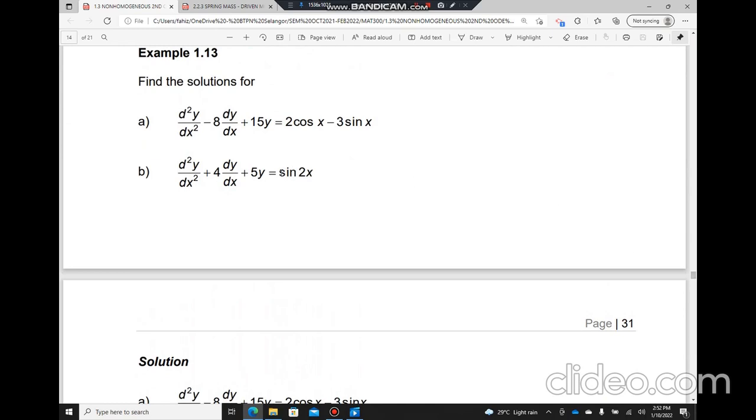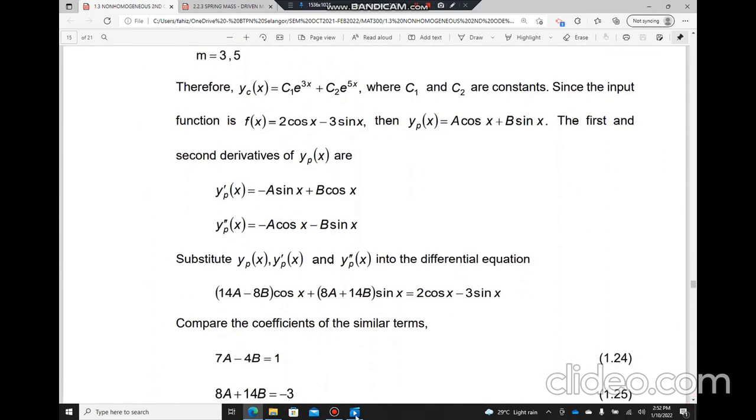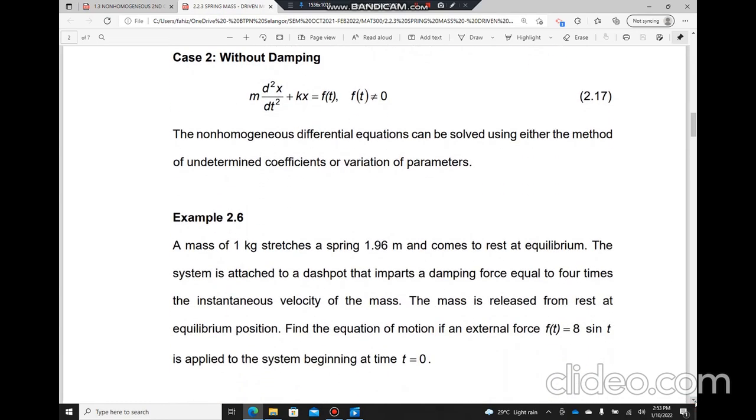Kalau selain daripada ni baru kita guna variation of parameters. So konsep dia sama, cuma yang penting sekali awak kena kumpulkan information. So kalau kat sini okay, kalau kita nak solvekan, kita cuba tengok example 2.6.